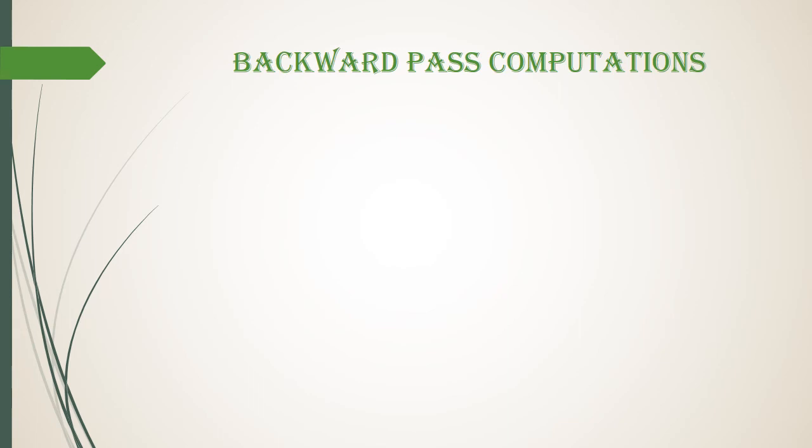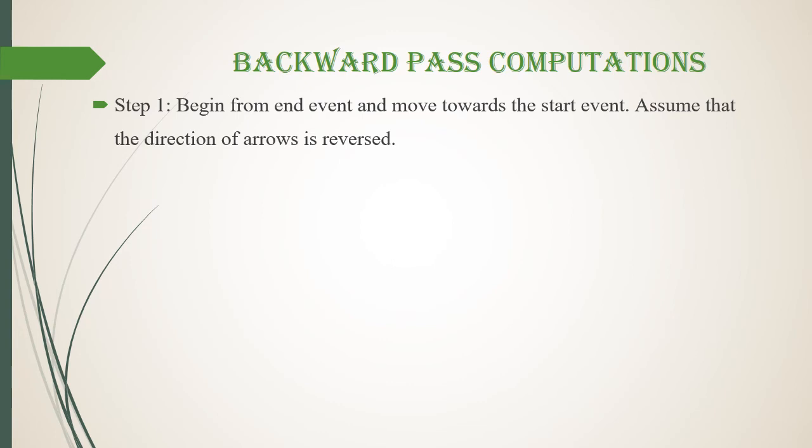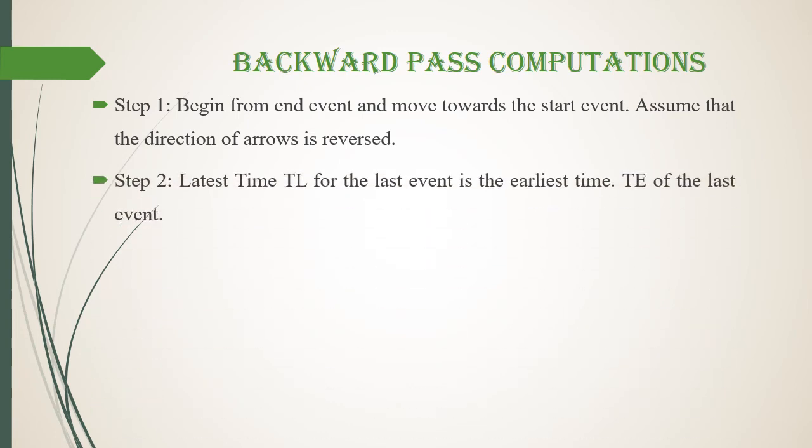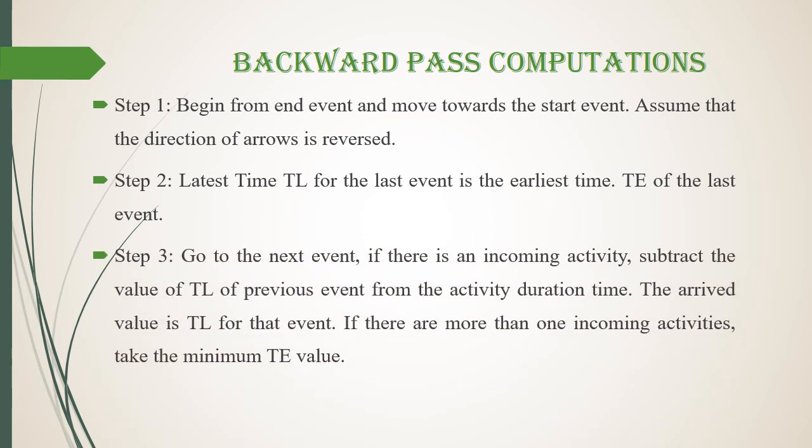The procedure for backward pass computations involves the first step, begin from the end event and move towards the start event. Assume that the direction of arrows is reversed. In step 2, the latest time TL for the last event is the earliest time TE of the last event. In step 3, go to the next event. If there is an incoming activity, subtract the activity duration time from the TL of the previous event.